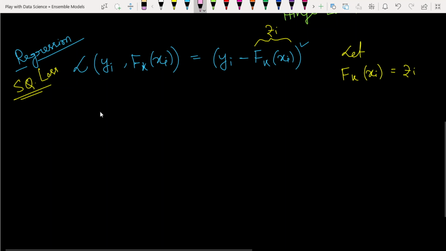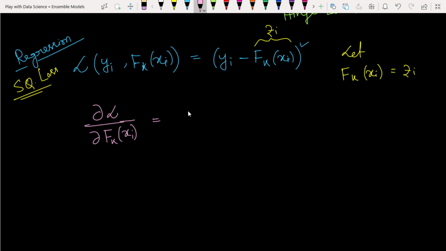We take the derivative of the loss L with respect to the function z_i.